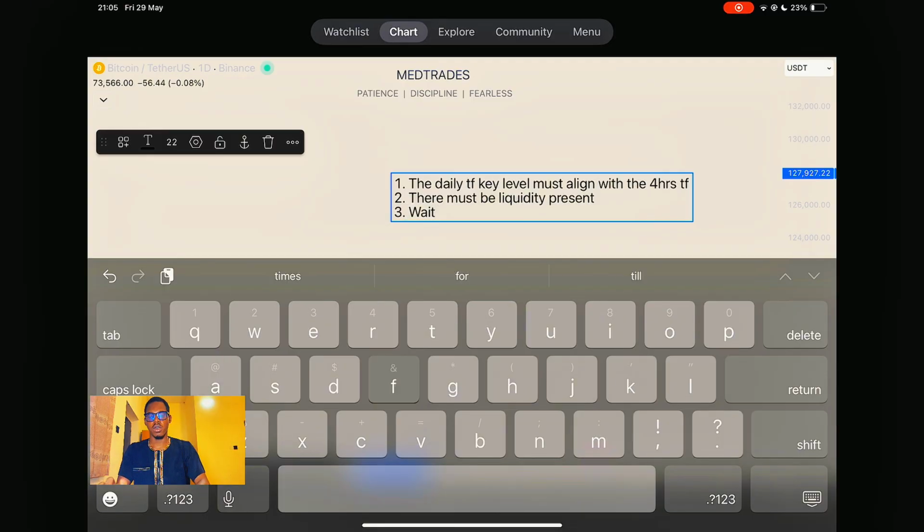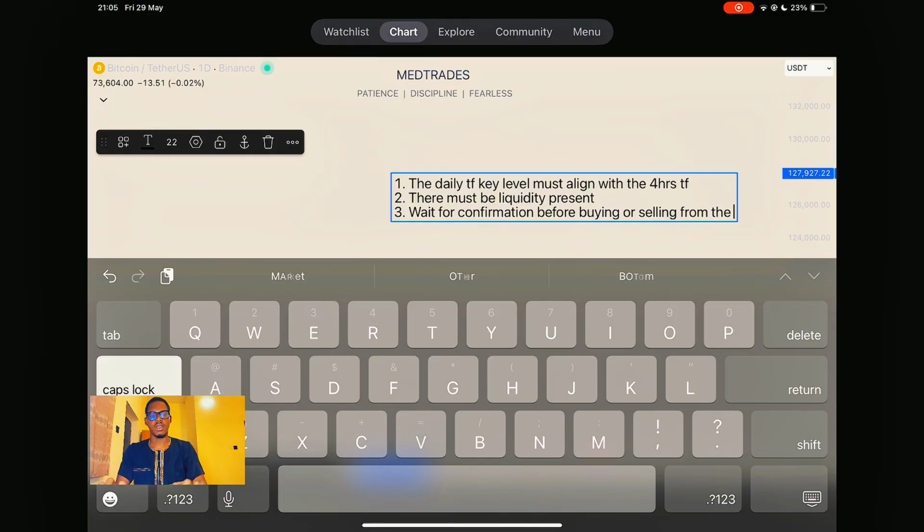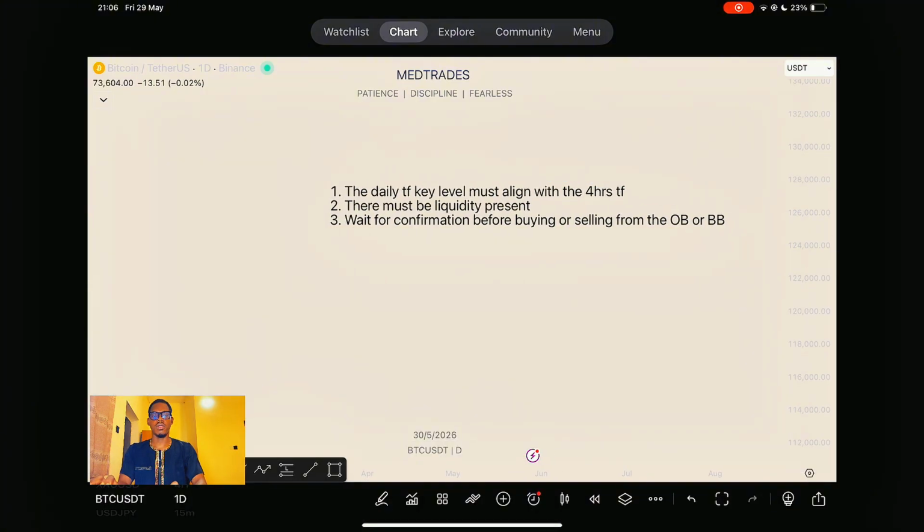So you say wait for confirmation before buying or selling from the OB or the breaker block. Right, so yeah, that'll be all for today.